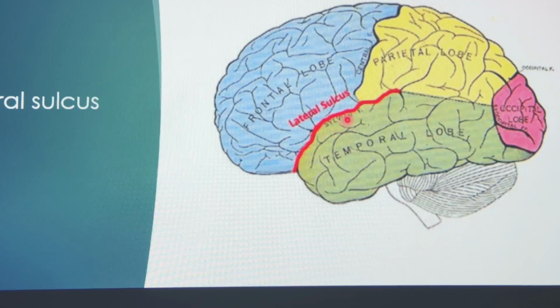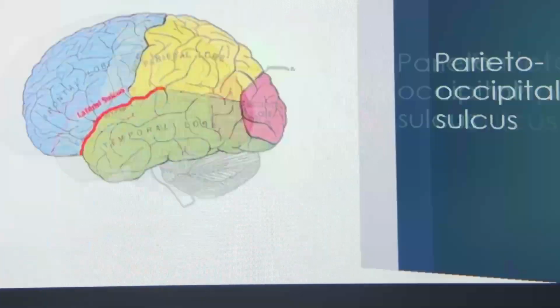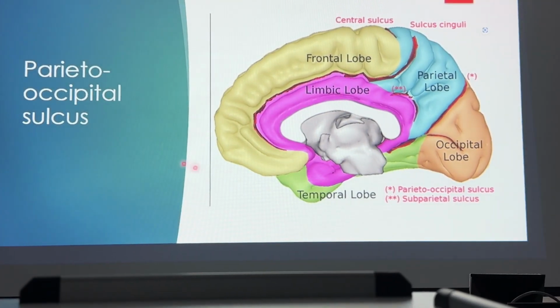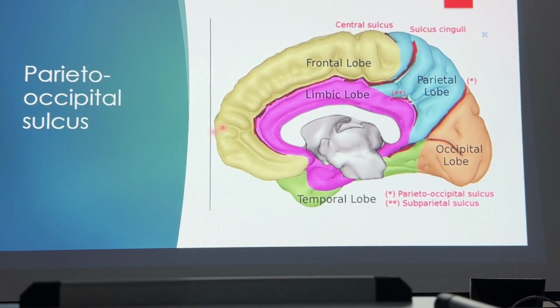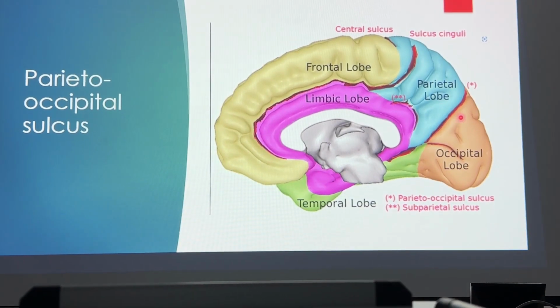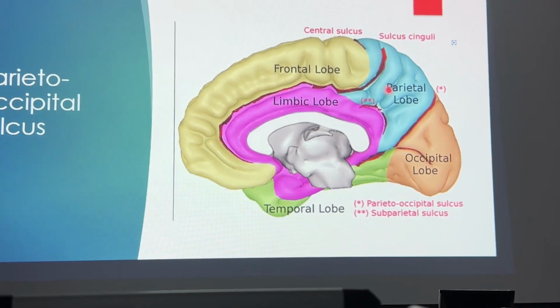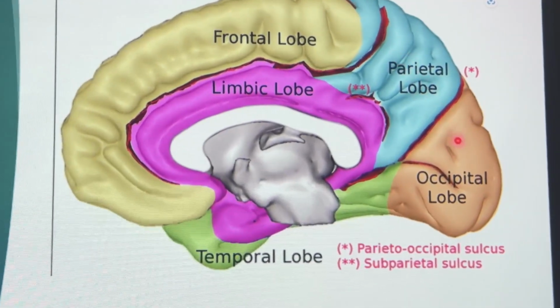The third one is the central sulcus. Before that, we discussed the parieto-occipital sulcus. The parieto-occipital sulcus is a posterior sulcus that separates the parietal lobe from the occipital lobe.